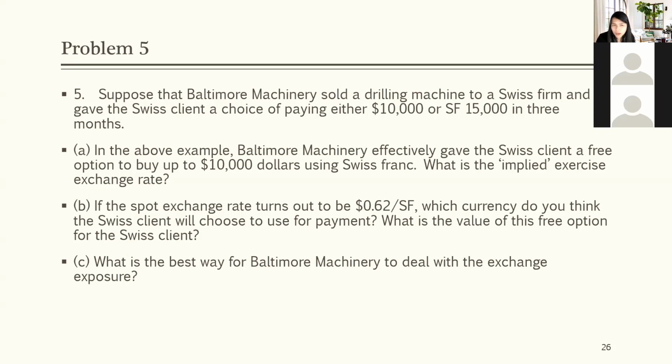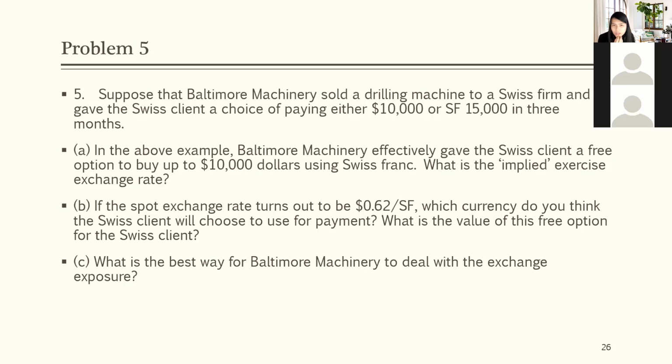So with problem 5, you've got to think about this problem a little bit before you start. It's not complex computationally, but you've got to get your head around the concept of options, okay?